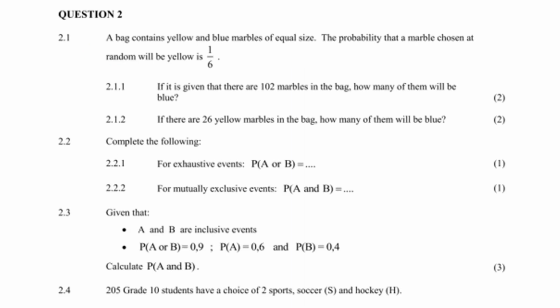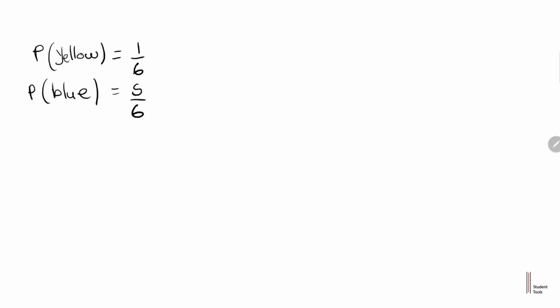2.1.2, we have another case where we're told that if there are 26 yellow marbles in the bag, how many of them will be blue? Remember that the probability for the yellow marbles is equal to 1/6, and the probability for the blue marbles is equal to 5/6.